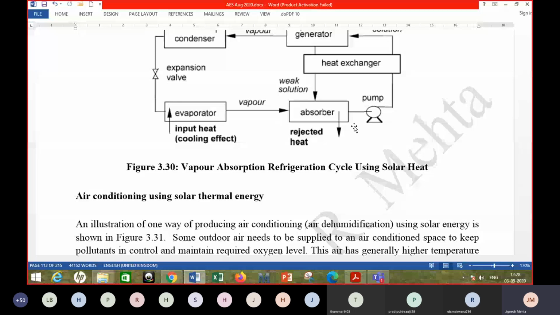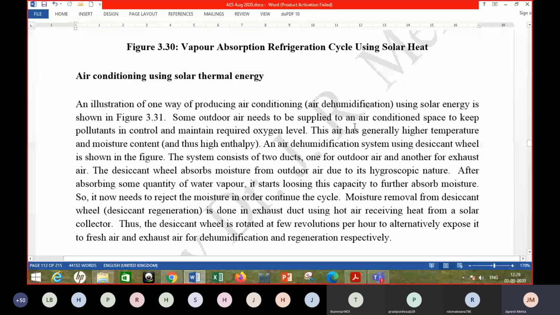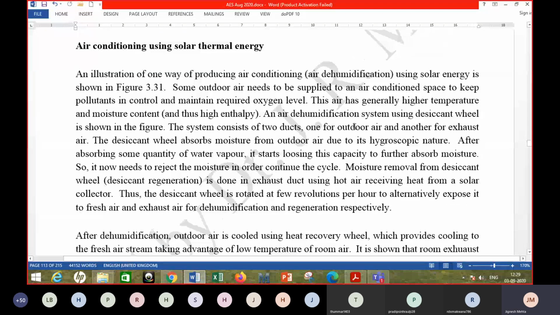It's not only reducing the temperature, it's also about removing moisture, particularly in monsoon conditions. The humidity is very high. So at that time, removal of moisture is also an important job of an air conditioning system. So in the next diagram, there is an air conditioning system shown.